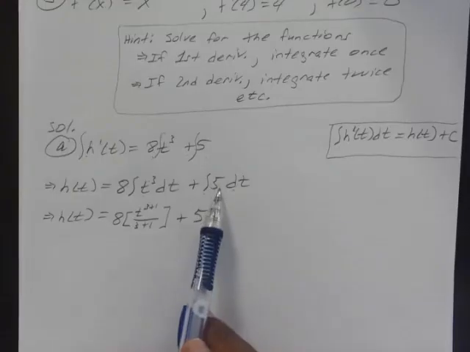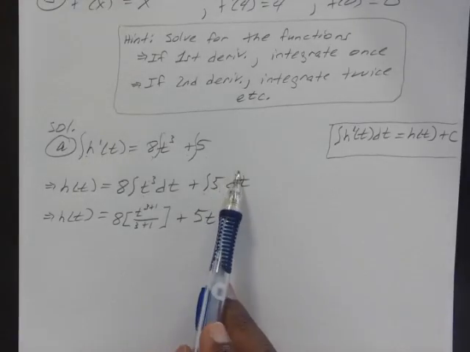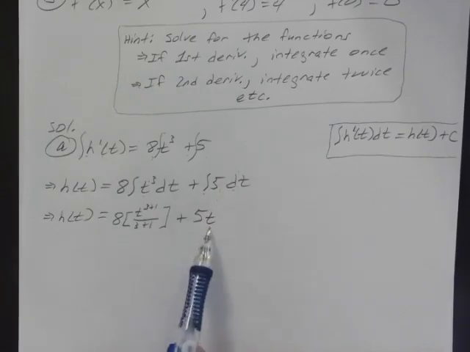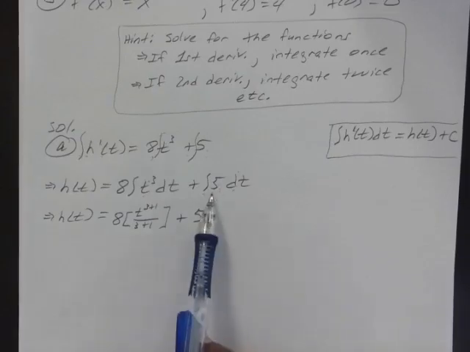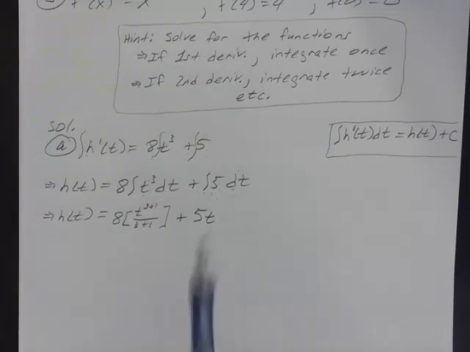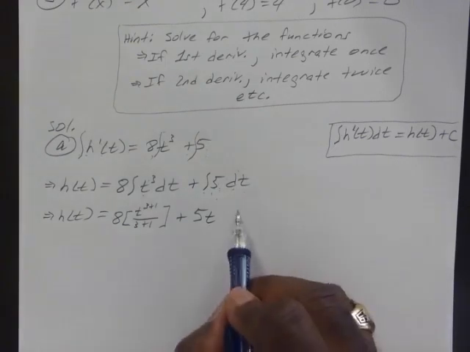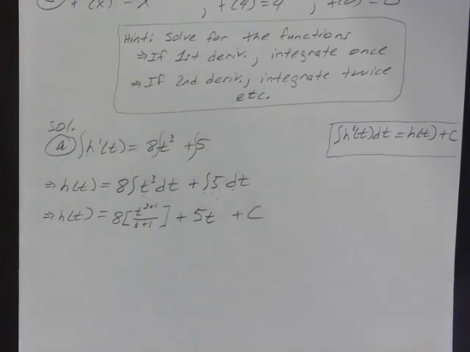Remember, you can put t to the power of 0 here, and then that's t to the power of 0 plus 1 divided by 0 plus 1, which is just t. But the antiderivative of a constant is always that constant times whatever your independent variable is. So that's kind of the quick way to do it. Okay, and that is plus c.